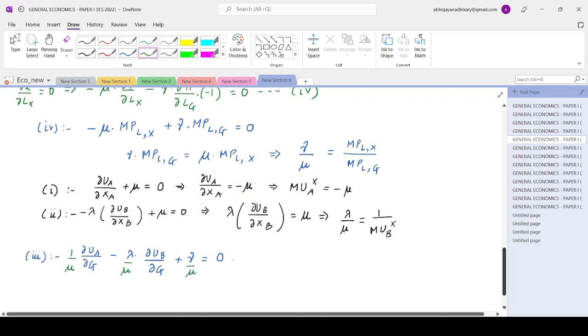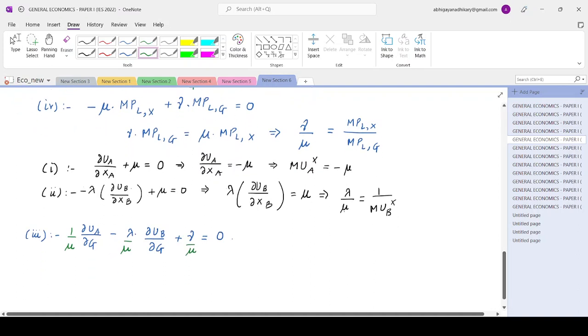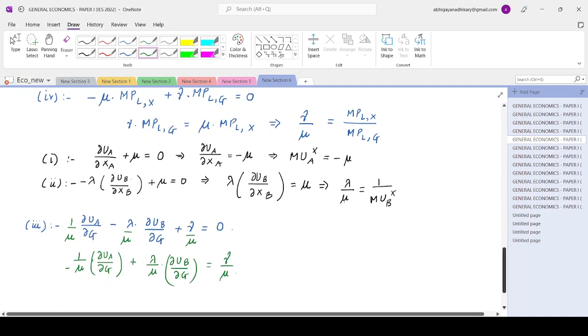Then we can shuffle sides. This will be 1 by mu del UA by del G plus lambda by mu del UB by del G is equal to gamma by mu.